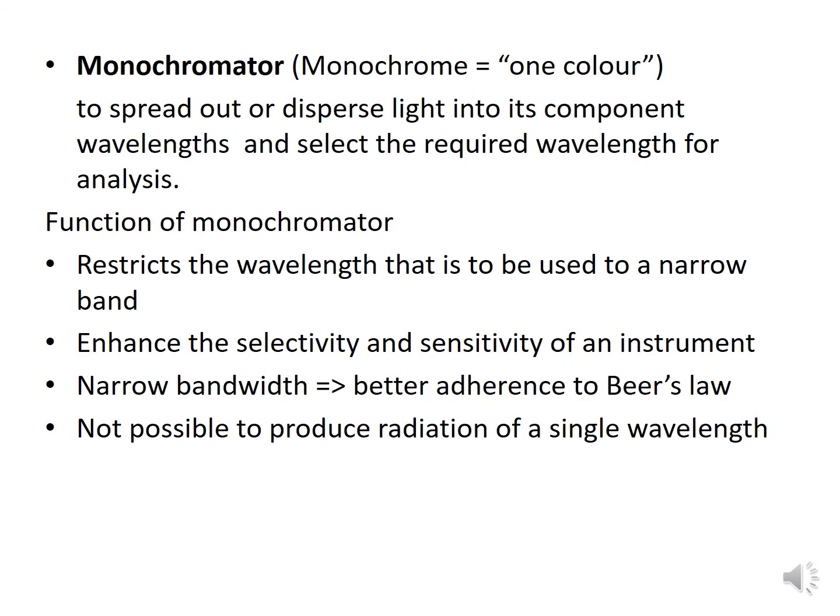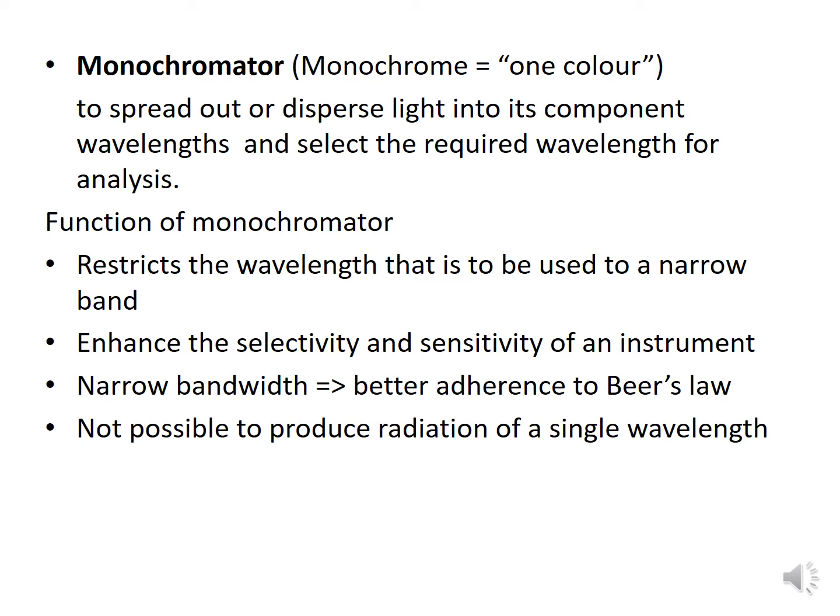And for the monochromator, monochrome represents one color, so it is a kind of slit that can choose the exact wavelength that is suitable for the analyte in your sample, to detect your analyte in the sample.